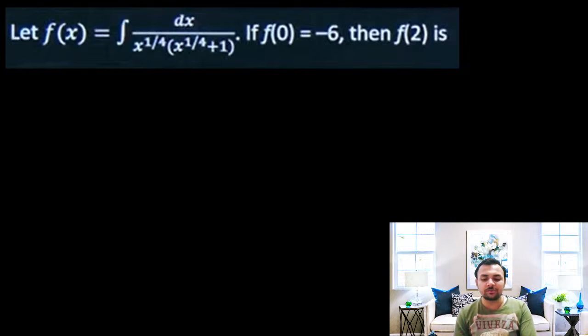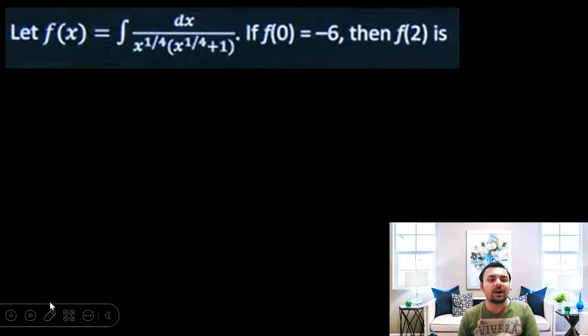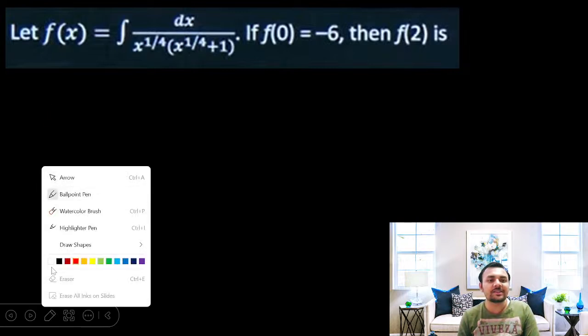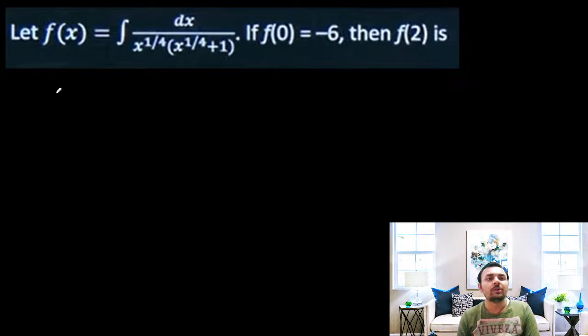In this question, what we are going to do is put x to the power 1 by 4 equal to t. That means x equals t to the power 4.